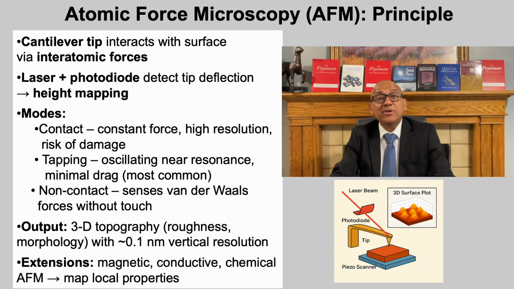A laser beam reflected from the cantilever onto a split photodiode detects these deflections with sub-nanometer precision. The feedback system keeps the deflection constant, converting it into a height map that represents surface topography in 3 dimensions.